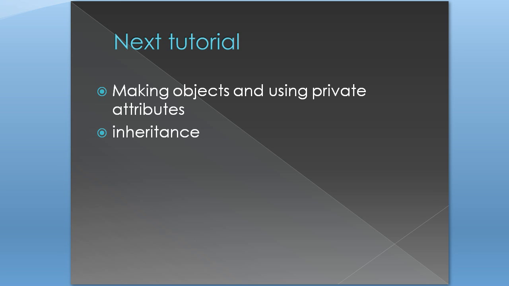So, two tutorials later on, we start with XNA stuff. We're still not done with C#, but we're going to start XNA stuff, and then I'll go into C# stuff as we go along. So, hope you're going to enjoy the XNA syntax and enjoy making your own games.